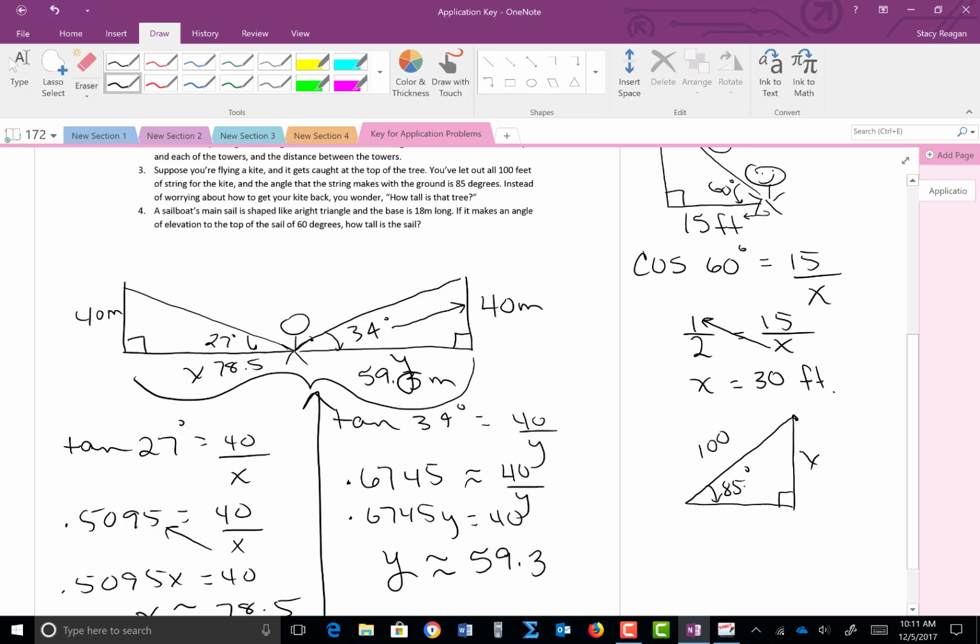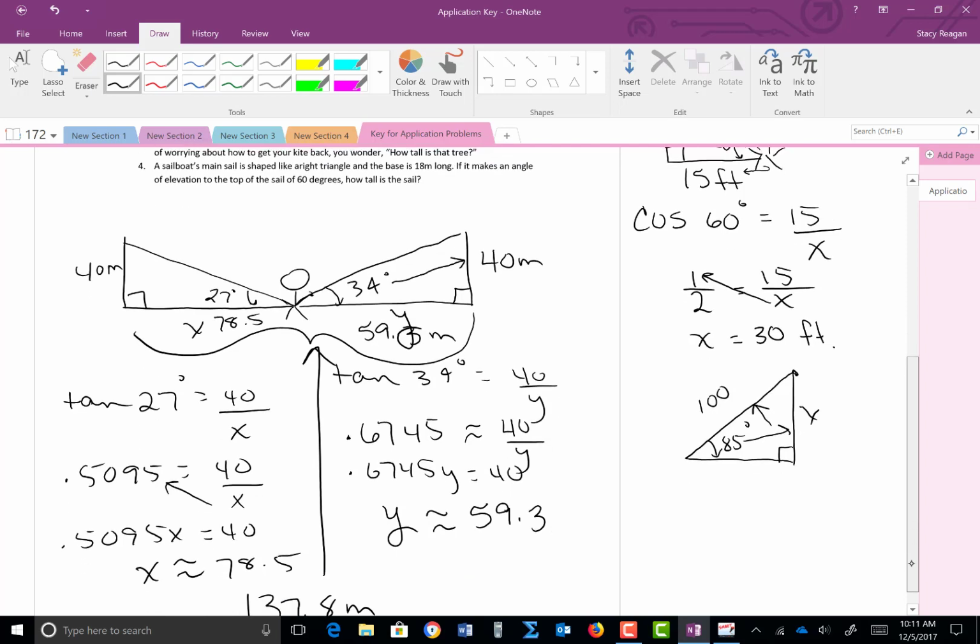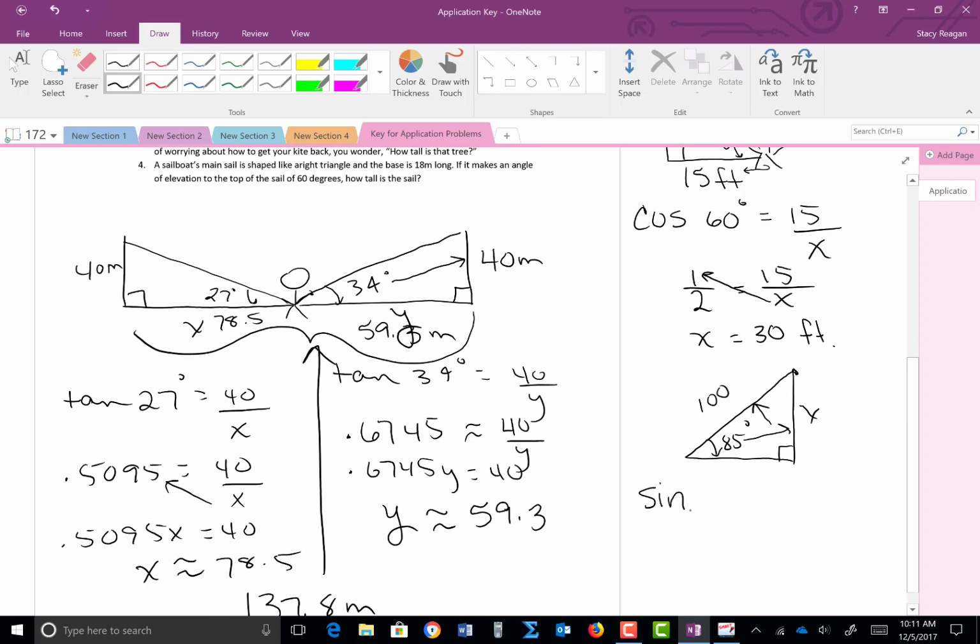From my 85 degrees, that's opposite and hypotenuse. Opposite and hypotenuse is sine. So sine of 85 degrees equals x over 100. All I need to do to get an answer is take my calculator and multiply sine of 85, which comes out to 0.9962 if I round.